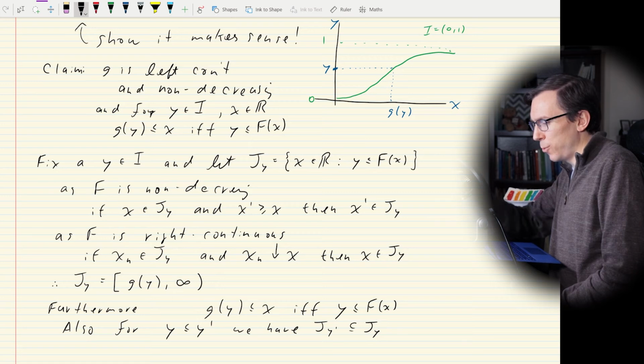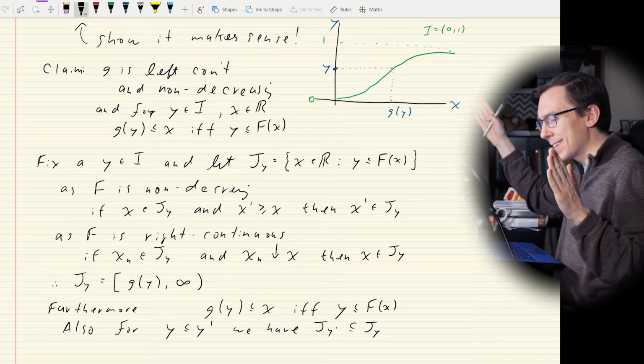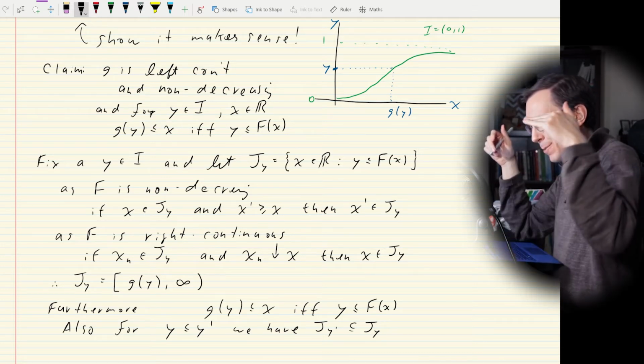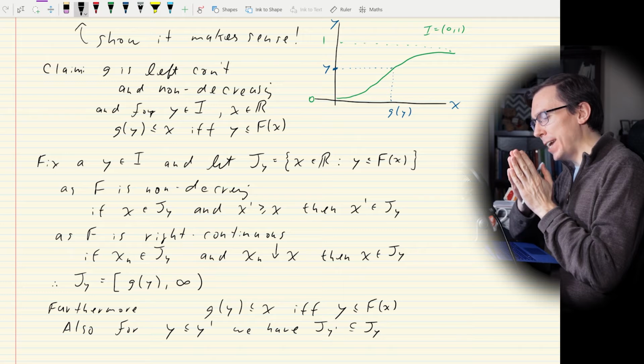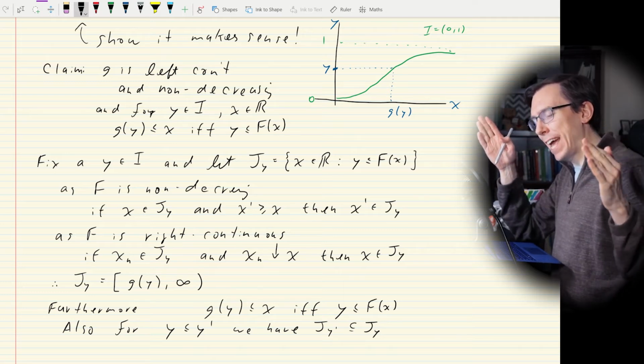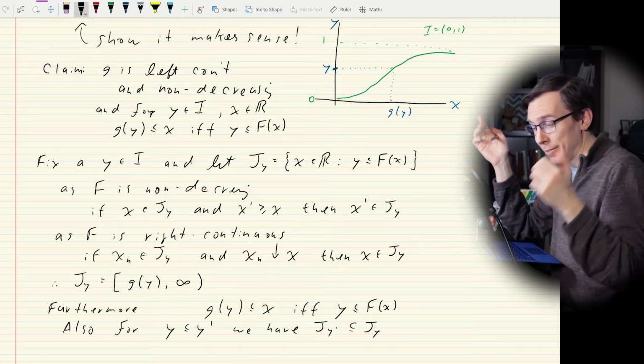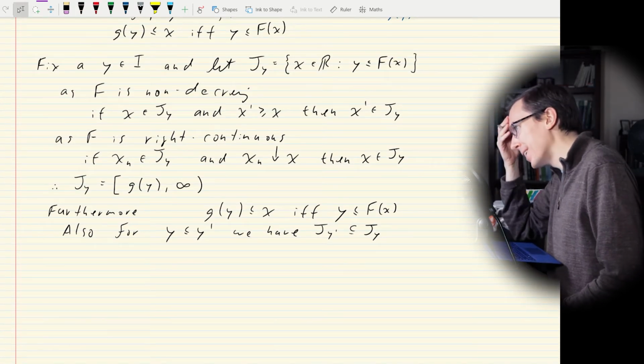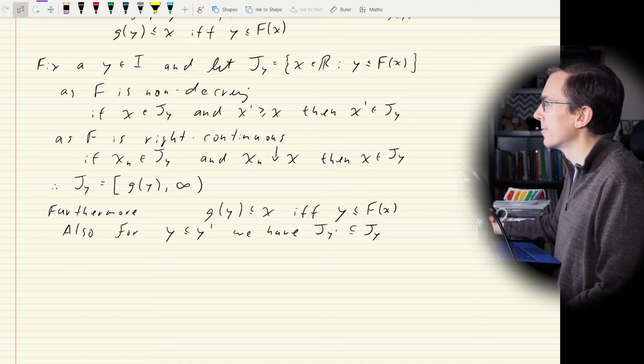Right, because as y decreases, the set of everything to the right on the x-axis will increase. So as y gets smaller, the jy just gets bigger. The left endpoint keeps moving. It may not move, I guess, but it cannot get any larger. It can only get smaller. So the set will only get bigger.